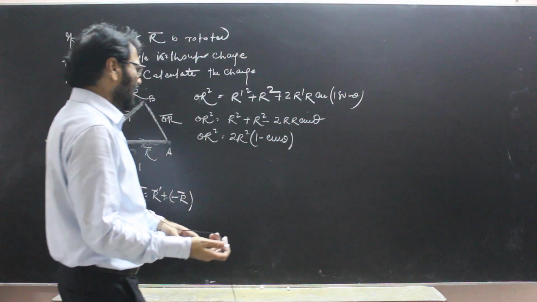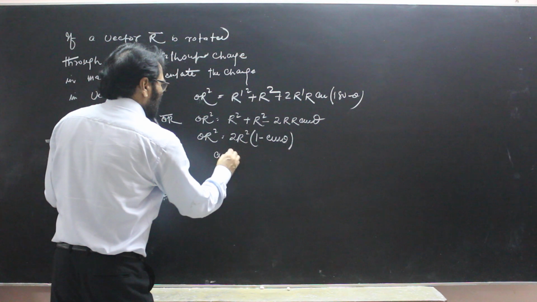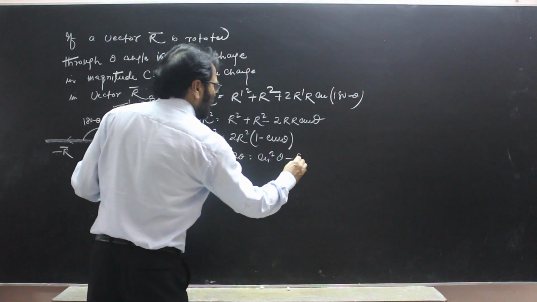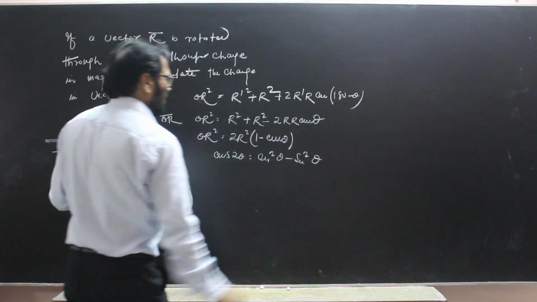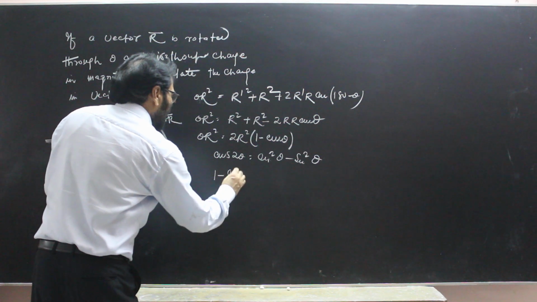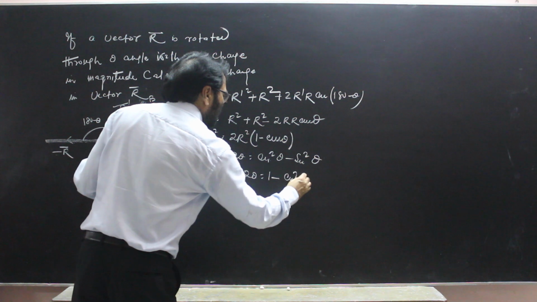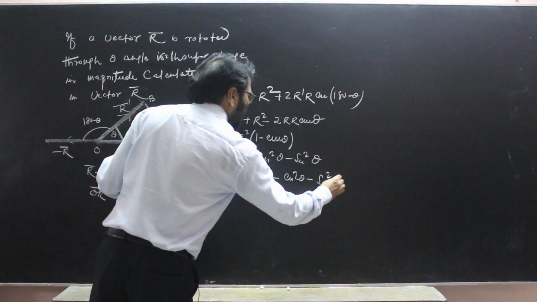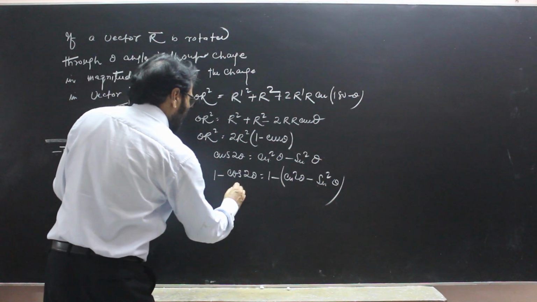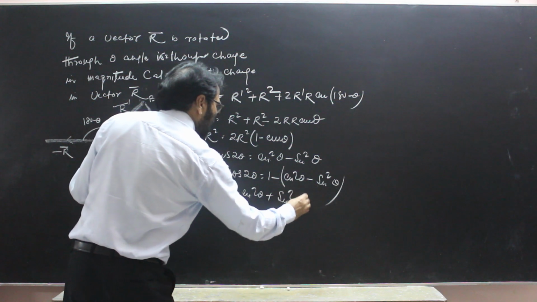Now we can write cos 2 theta is cos square theta minus sin square theta. So 1 minus cos 2 theta is 1 minus cos square theta plus sin square theta.